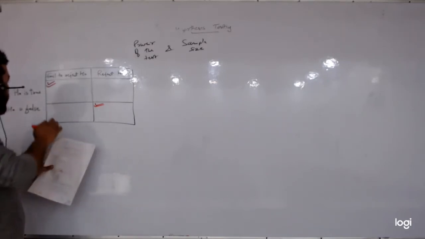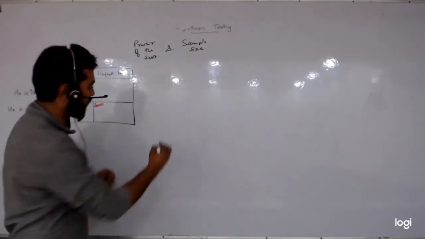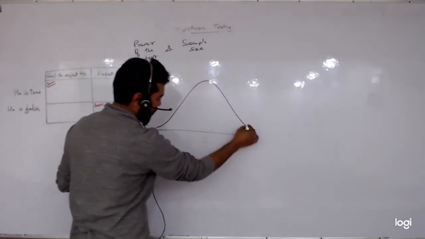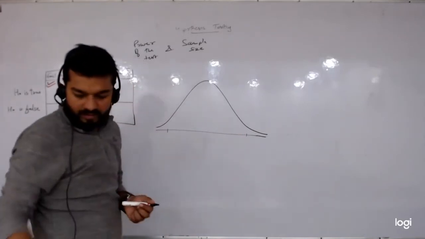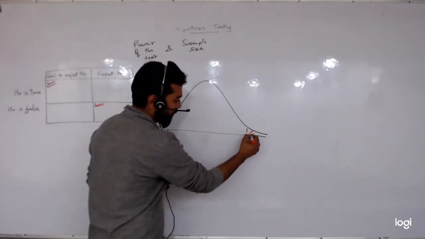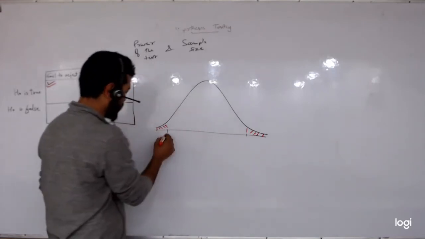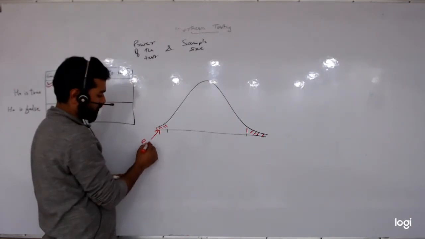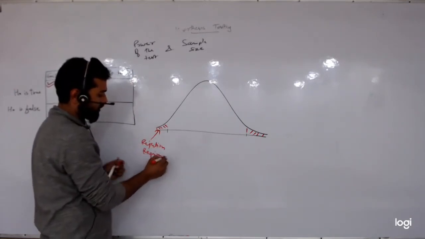And what we're doing, okay, let me just draw this. Critical value, critical value. The red one is the rejection region.